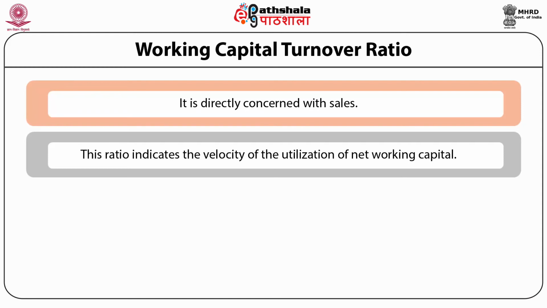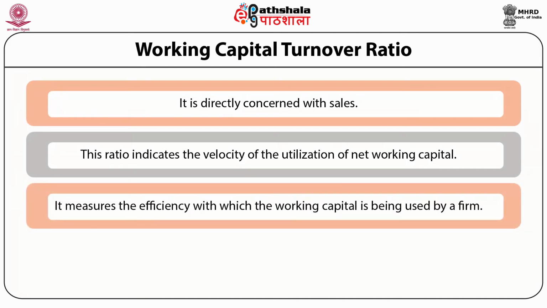This ratio indicates the number of times the working capital is turned over in the course of a year. Working capital turnover ratio measures the efficiency with which the working capital is being used by the firm.